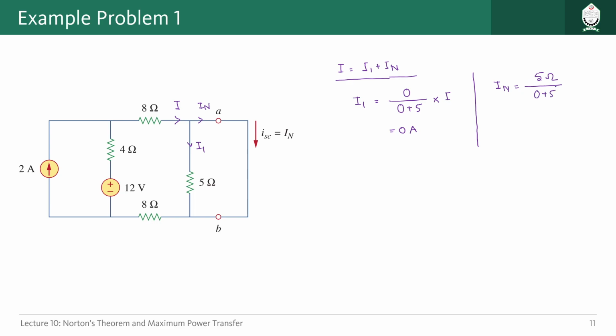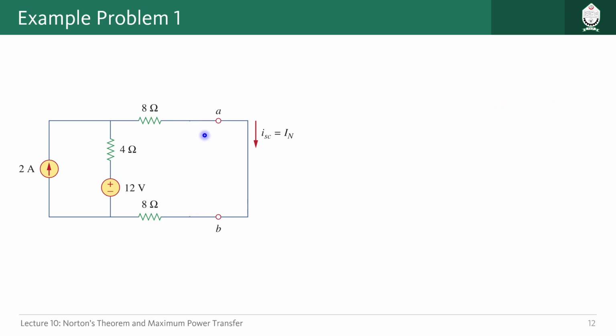So again 0 plus 5 multiplied with the whole current I. So 5 and 5 cancel, and we have I. So through this path we will have total current I flowing, right? That means we can actually omit this portion because it is not contributing to anything. No current is flowing through this particular path. This can be considered as an open circuit, so we can just remove it, because all the current is flowing in this direction.